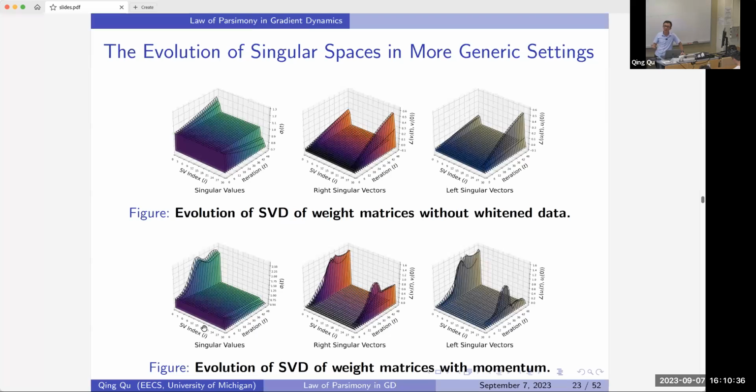Say if you inject momentum, like some Adam type algorithm, and you plot the changes of the weights, you can see that the update is also happening in an invariant subspace of the weight matrices.